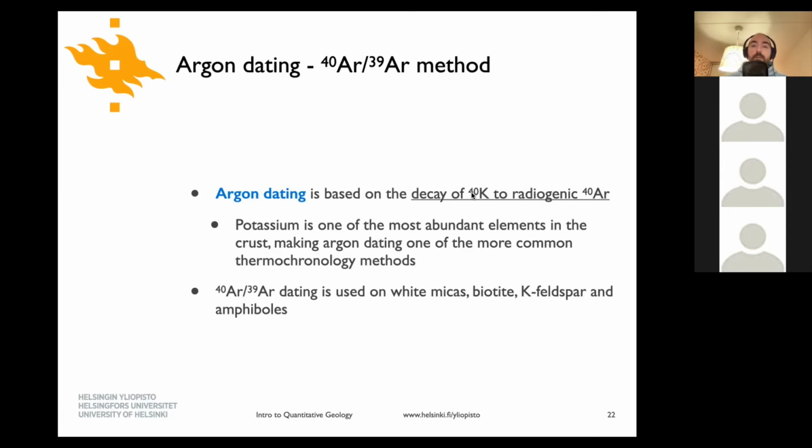So this is a sort of appealing target in a sense because it's so common that you can find minerals, potassium feldspar and various micas with potassium in them, that make it a good source for dating with argon dating methods. So yeah, as mentioned here, white micas, biotite, K feldspar, and amphiboles all are target minerals for argon dating.